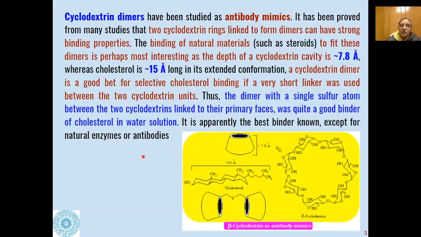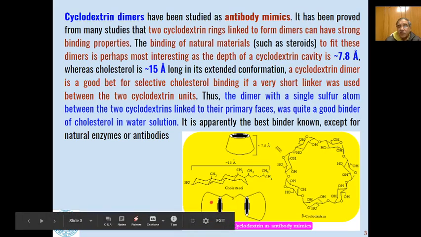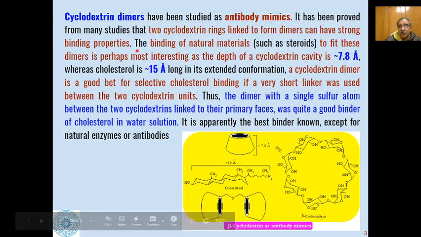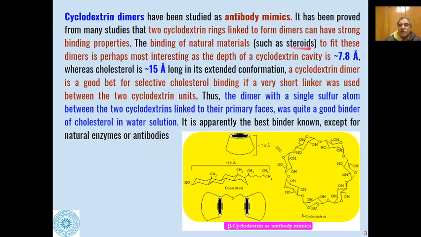For example, cyclodextrin dimers have been studied as antibody mimics. So if two cyclodextrin rings are linked to form dimers like this, then these dimers can have strong binding properties, and they can bind natural materials such as steroids.